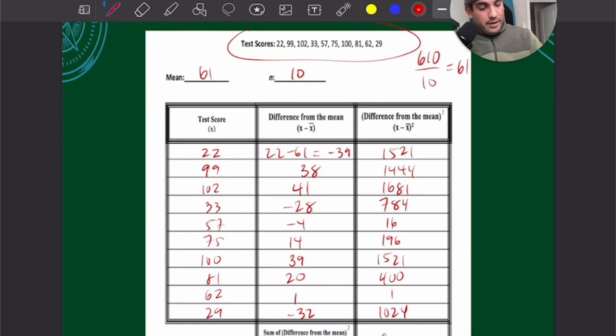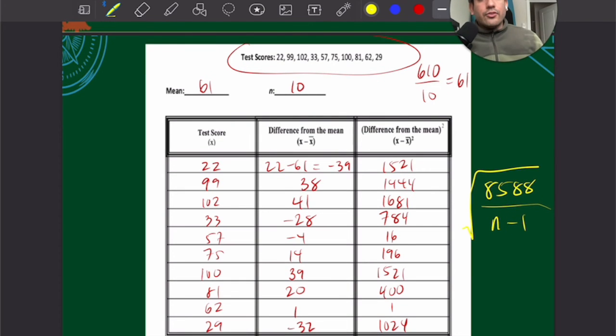I get 5,000. Whoops. I get 8,588. And in order to find the standard deviation, you're going to take this value, 8,588. Usually, because we're finding the sample standard deviation, which is for a small amount of numbers, you want to divide by n minus 1. That's the number of values that we have minus 1.